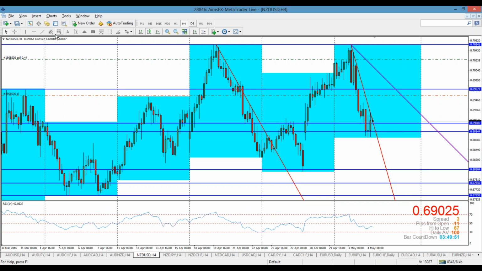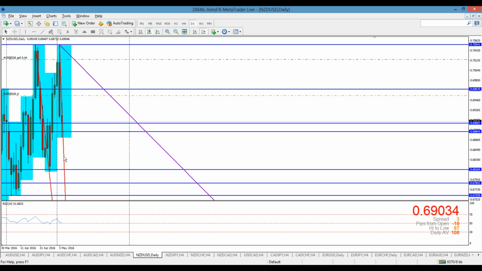But I at least would like to see it go down to 68.10, 68.20, which means we would have gotten about 200 pips from the level that we shorted, and that would be a nice ride. And just looking at it from a chart perspective, let's try to draw some trend lines, so I'll take all of this out.